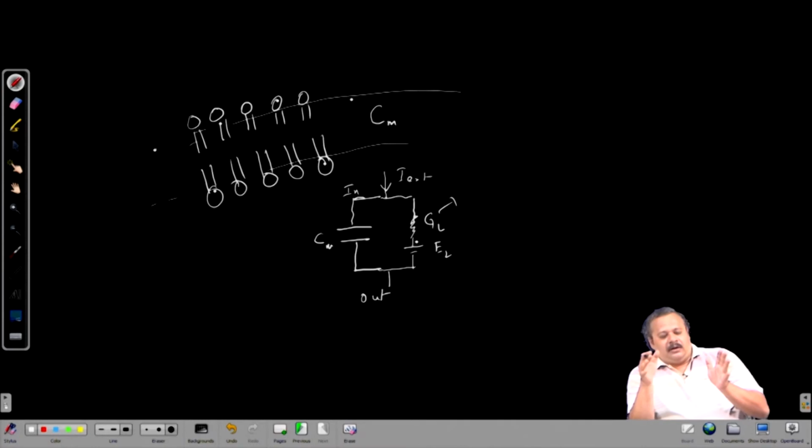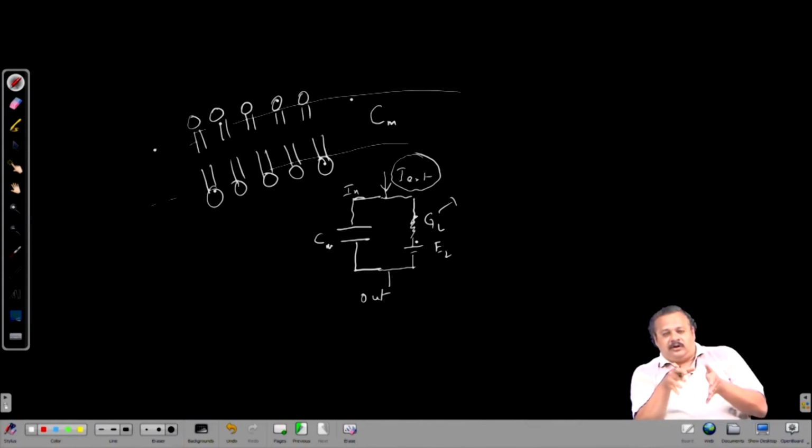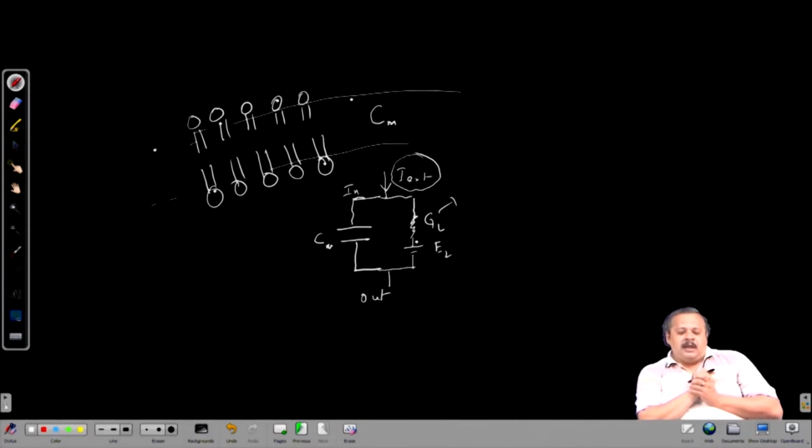So, they must be in parallel, and this I external, let us say, is in our control for now. That is, we can patch onto the neuron and inject current, like we have discussed in our patch clamp recordings.